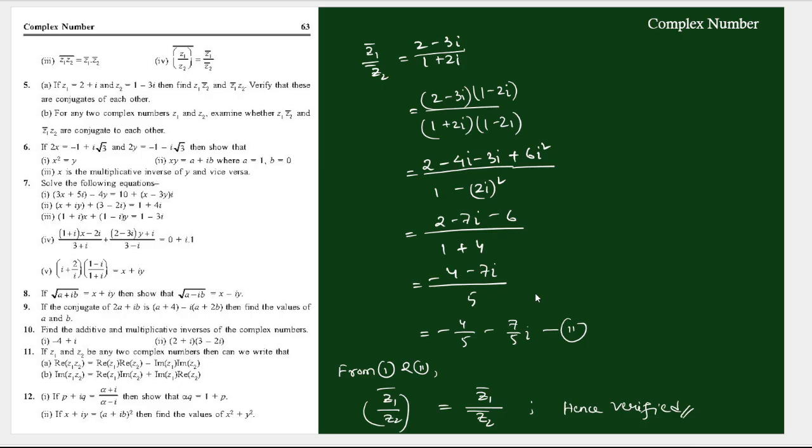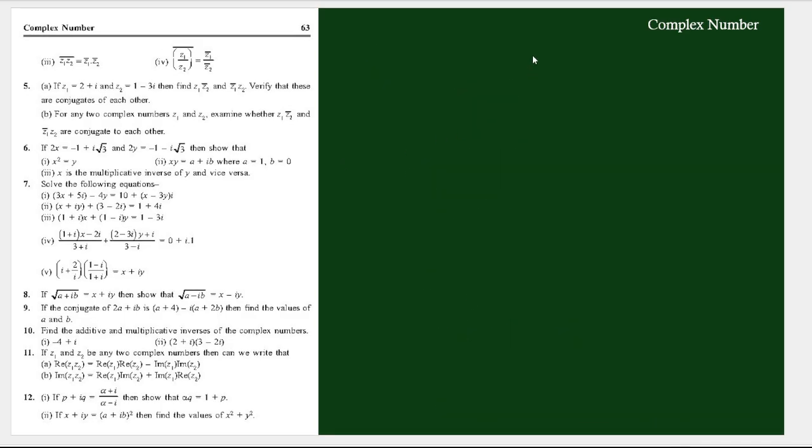So we can take z1 equal to a plus ib, z2 equal to c plus id. Then we can find the conjugates. Okay, let's do this one. The 5a will be your homework. You do it by yourself. We'll do 5b.